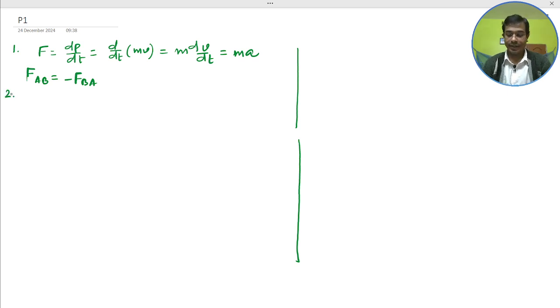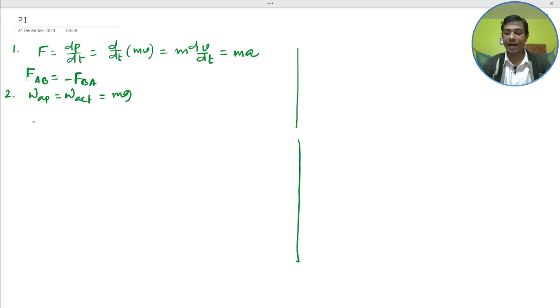Second one, the weight of a body in a lift. If the lift is stationary or moving with a constant velocity, then apparent weight is equal to actual weight, which is mg.